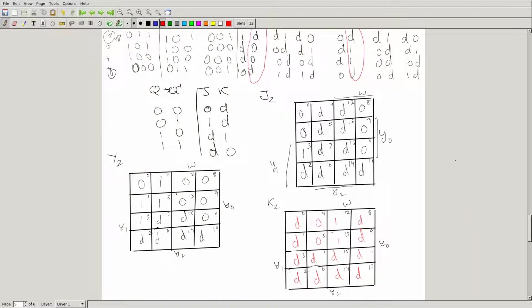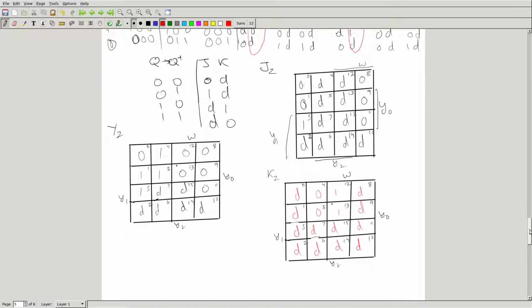So what are we observing here? In J2 we only have one 1, a lot of zeros. So we can group this and get J2 as W bar Y1.